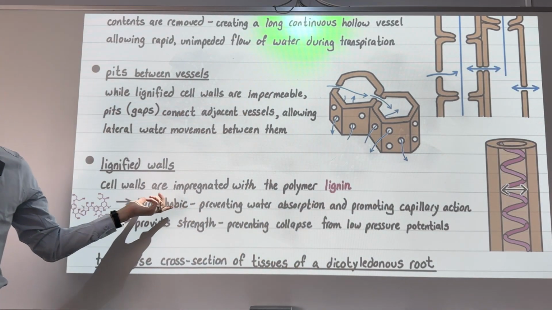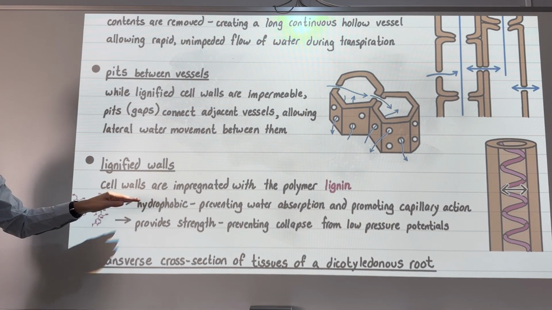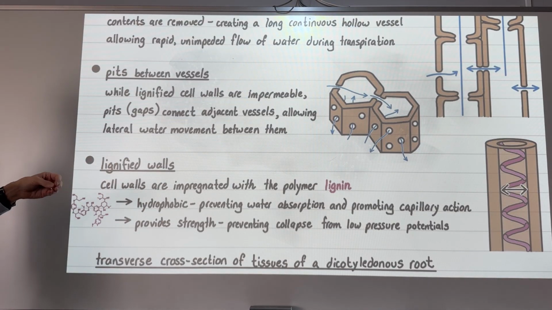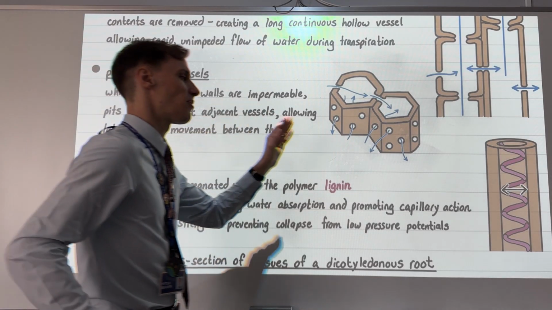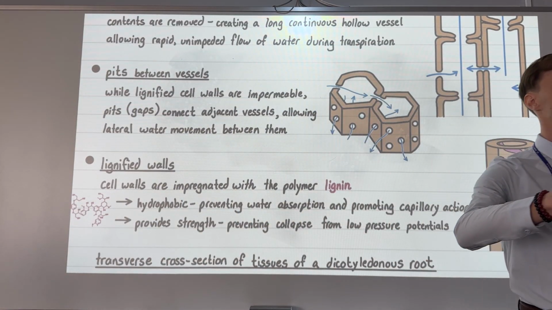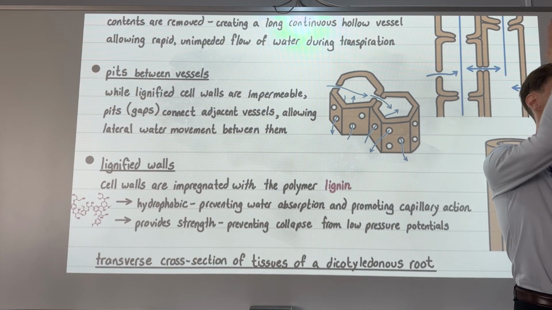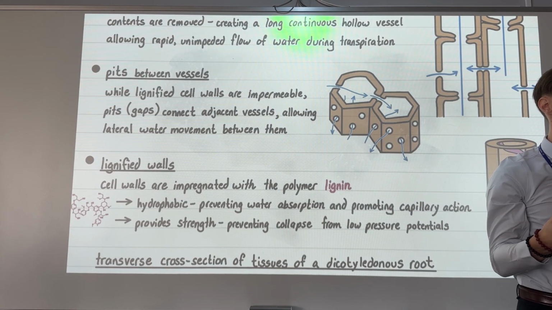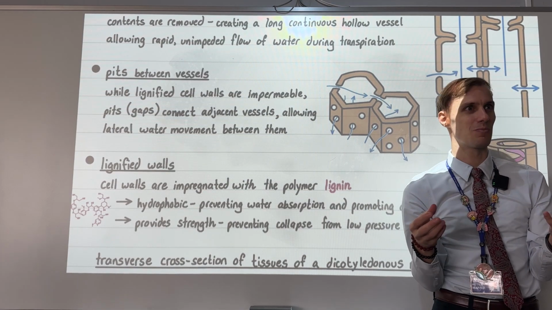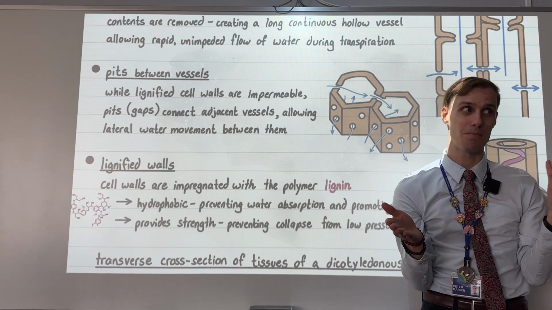The other thing that's quite important is that lignin as a molecule is hydrophobic. And so the idea is that it prevents the xylem from absorbing water. We only want it as a passageway. Again, you've likely seen the difference between a paper straw and a metal straw.